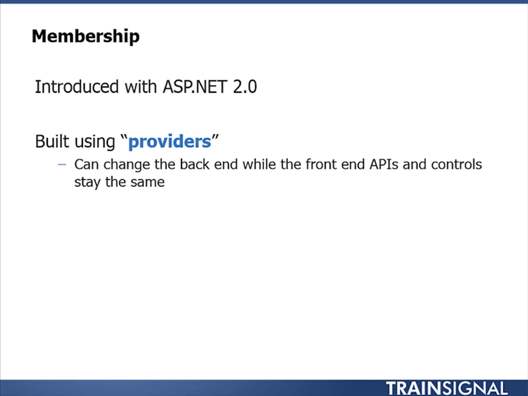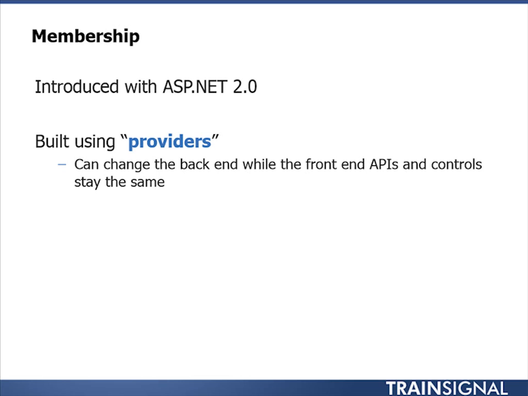Now, the way that membership is set up is by utilizing providers. The way that a provider works in ASP.NET is it gives you the ability to swap out the backend while the front-end APIs and all the controls stay the same.